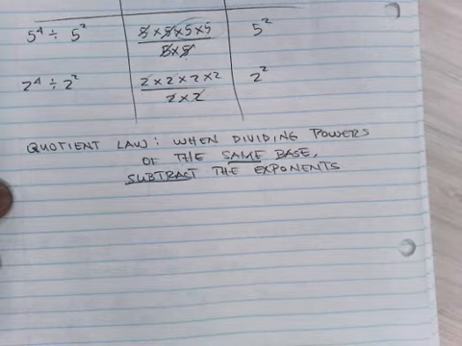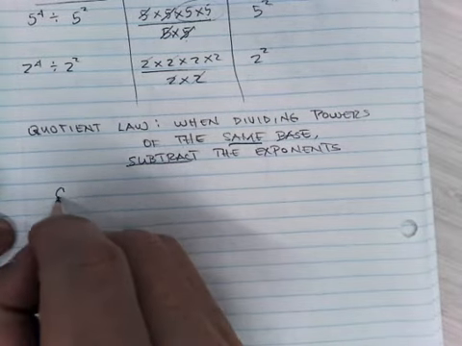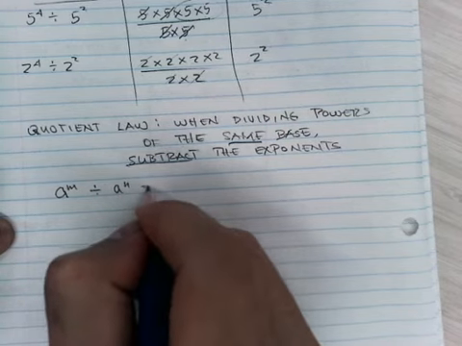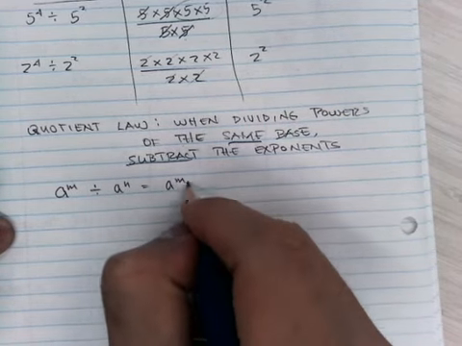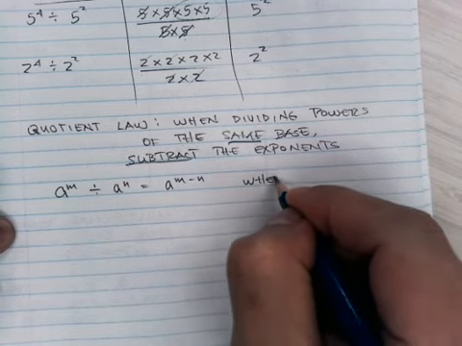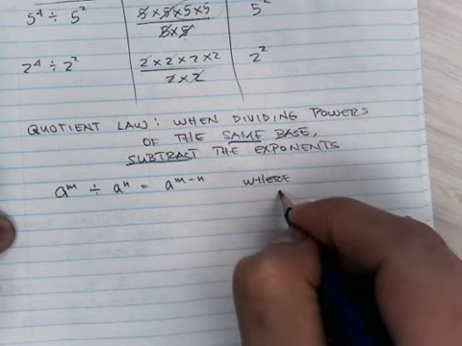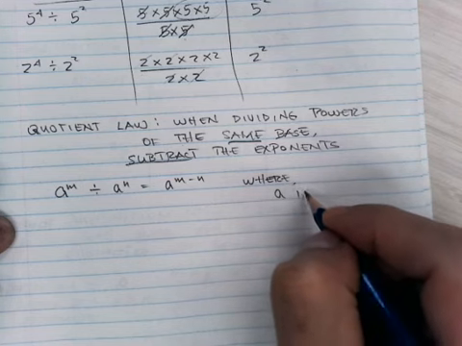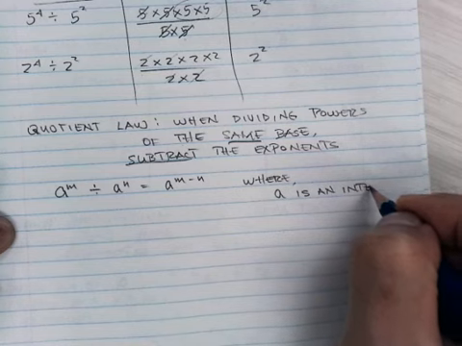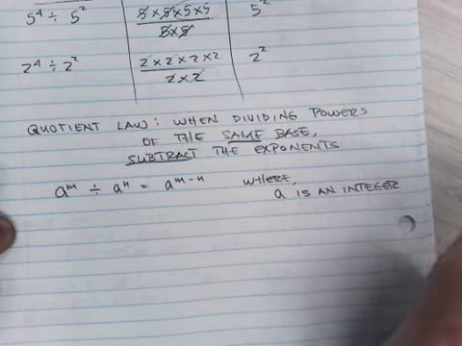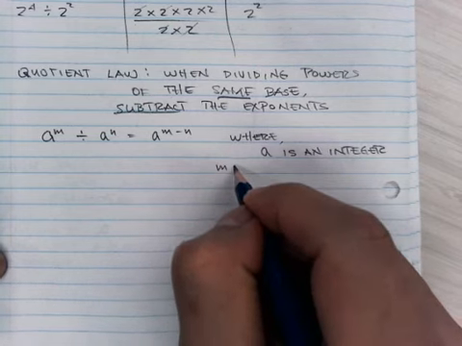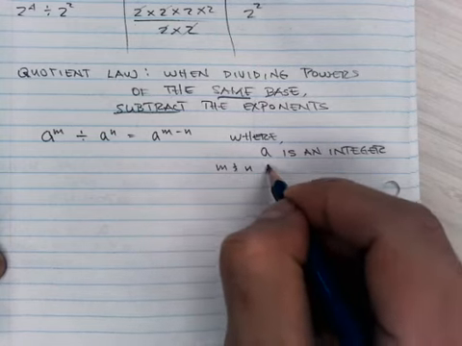So in general, a to the m divided by a to the n is going to be equal to a to the m minus n, where a is an integer other than 0, because you can't have a 0 base, and m and n again are whole numbers.